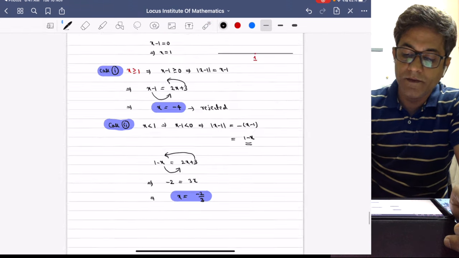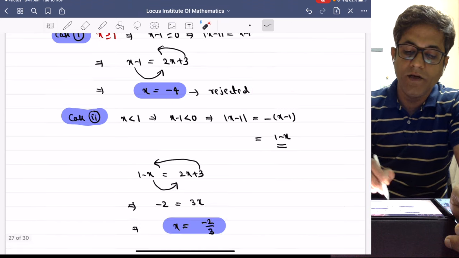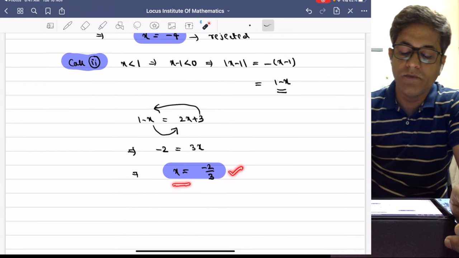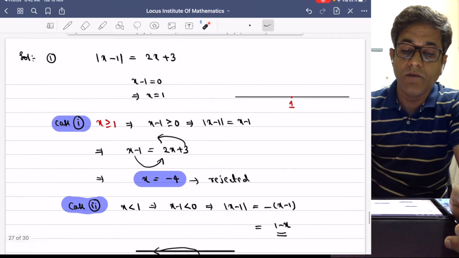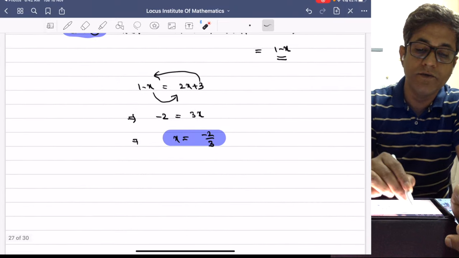So here, if x is greater than or equal to 1, no solution, because x equal to minus 4 is a rejected value, and when x is less than 1, we got the solution as minus 2 by 3. Therefore the number of solutions of this equation is only one, that is x equal to minus 2 by 3.